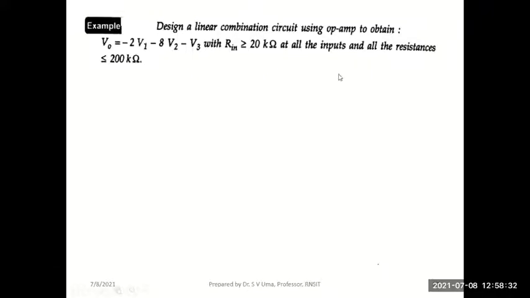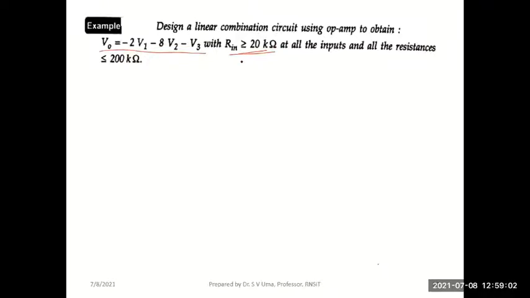Okay, all of you take down this problem. Design a linear combination circuit using op-amps to get this output voltage: minus 2V1, minus 8V2, minus V3. Given the input resistance is greater than or equal to 20K, he is only mentioning the input resistance of the op-amp is high.